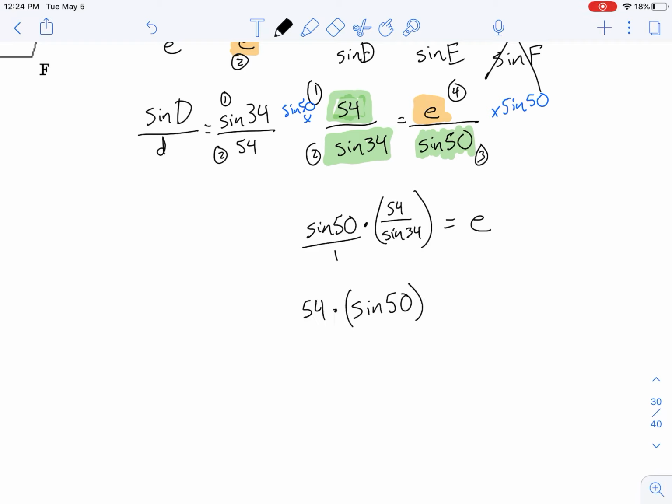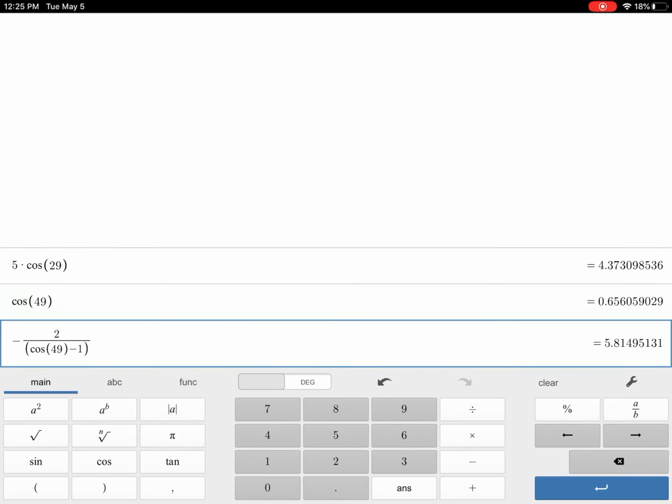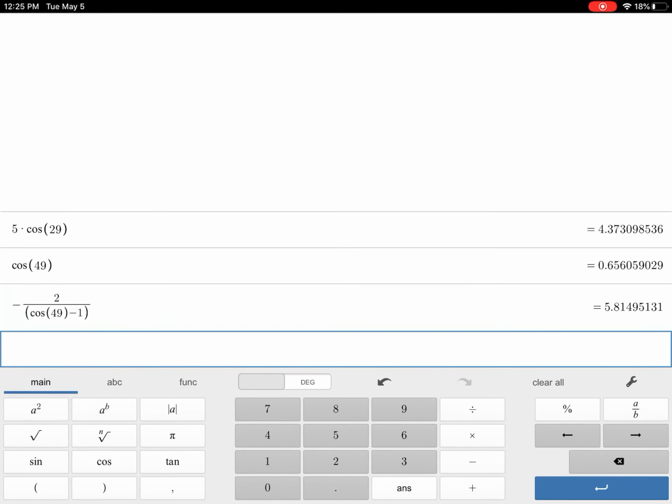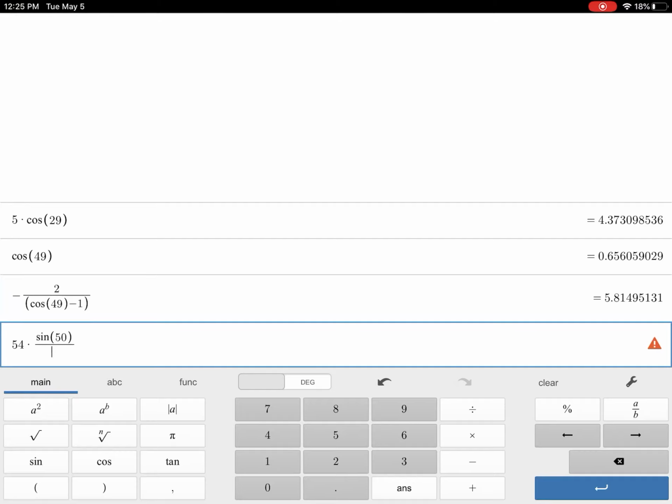So I'm going to type that in. 54 times sine of 50 divided by sine 34. So in my calculator, I'm going to hit divided by sine 34.